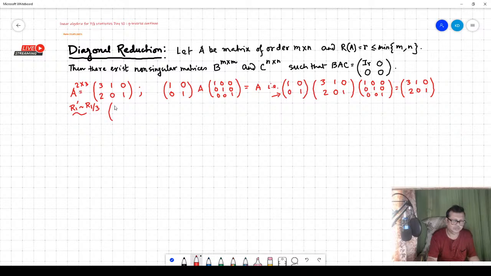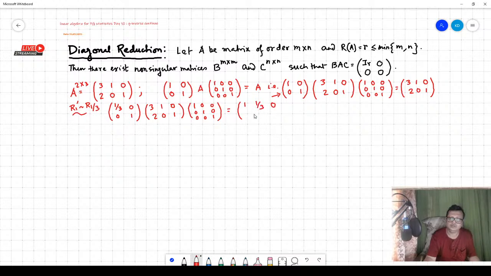So 1 by 3 0 0 1, times 3 1 0 2 0 1, and the identity 1 0 0 0 1 0 0 0 1. So this gives 1 1 by 3 0 2 0 1.